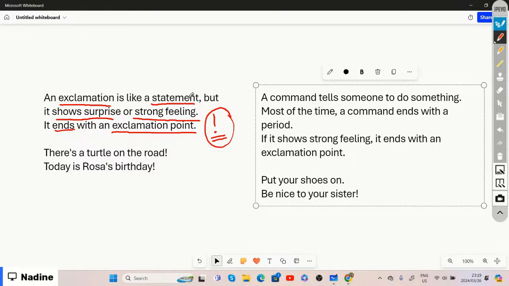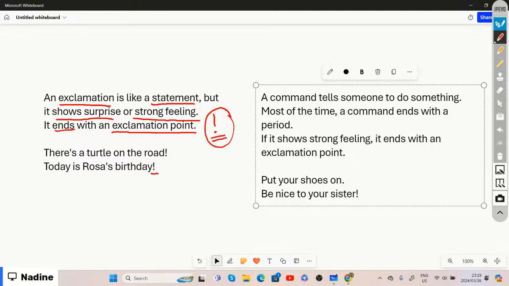Then we have another example that says, today is Rose's birthday, right? So that is also just a statement that we're making. But if it's someone's birthday, right, then it means that you are excited. So it's like you're all excited because Rose is having a birthday party and you're telling everybody, today's Rose's birthday. Because you are excited, you are happy, right? Because you are going to the party and you can already imagine how it's going to be.